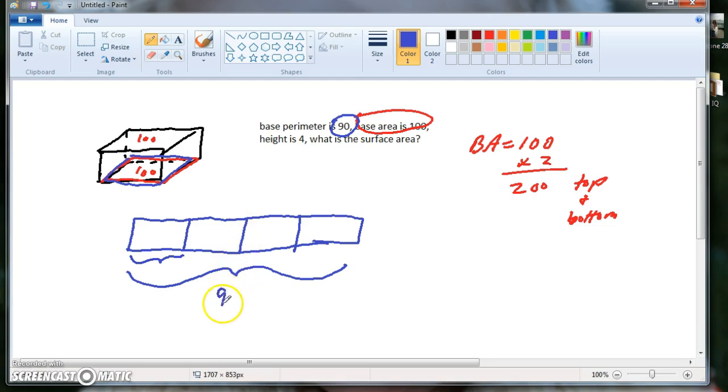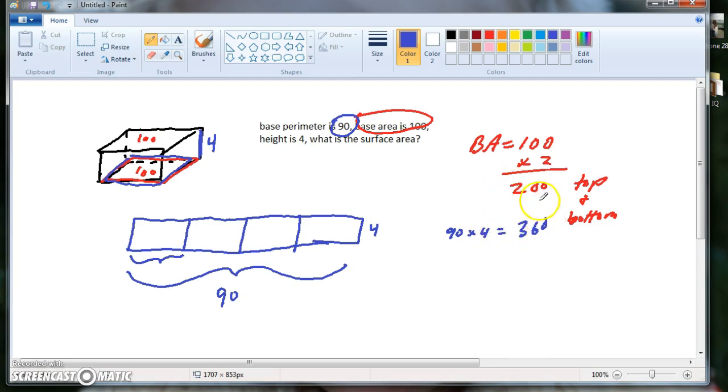And so when I first started looking at it, I was like, okay, I need to find what combinations make it, but it doesn't matter because we know the distance around it is 90. We also know the height right here is 4. So now we have a really long rectangle. 90 times 4, the whole thing, is 360.